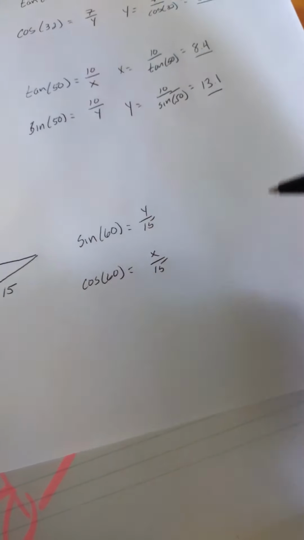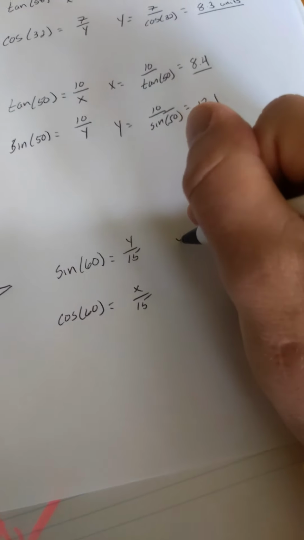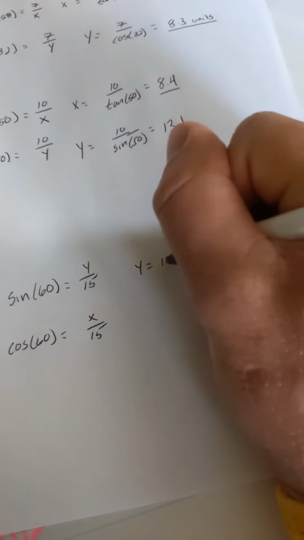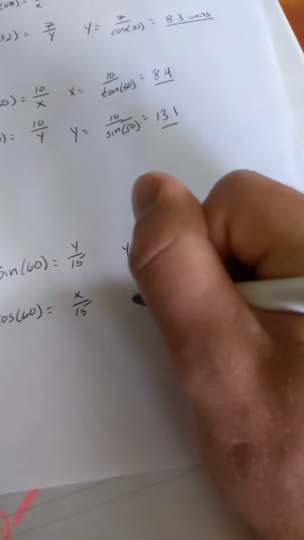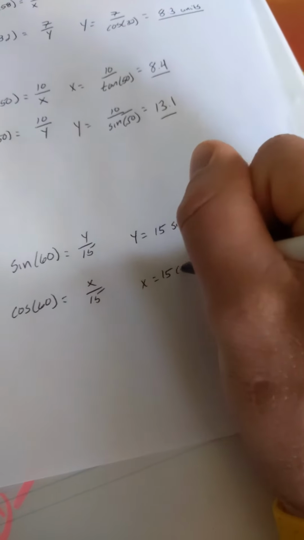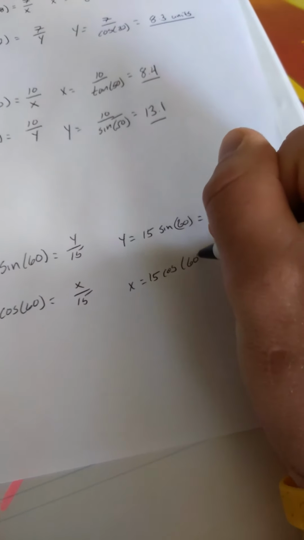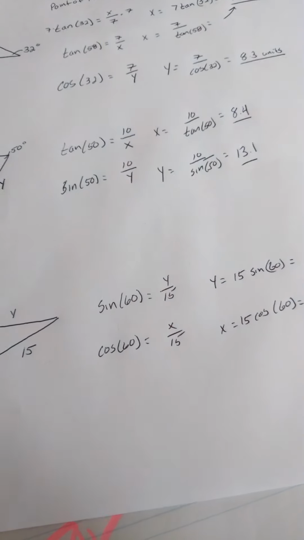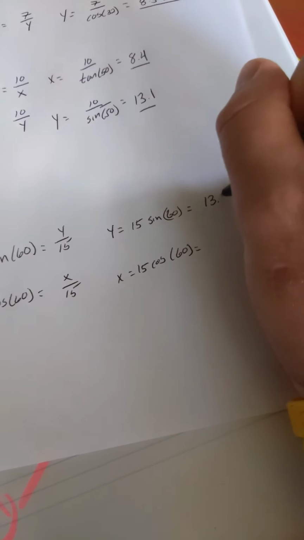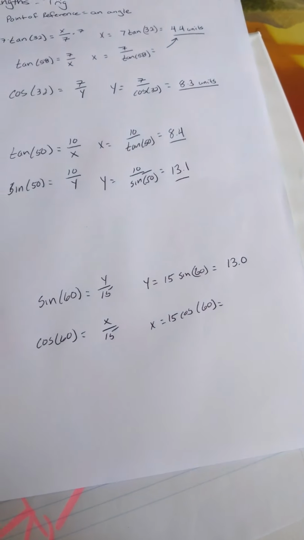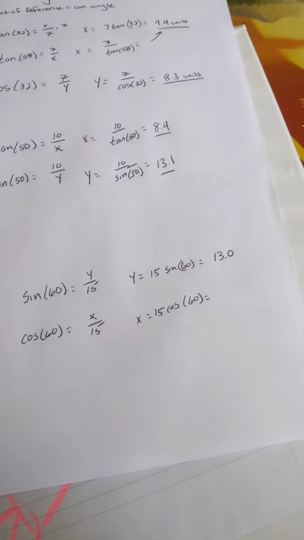These ones are quick and easy here. y equals 15 sine of 60. And x equals 15 cosine of 60. This is 13.0. And 7.5.